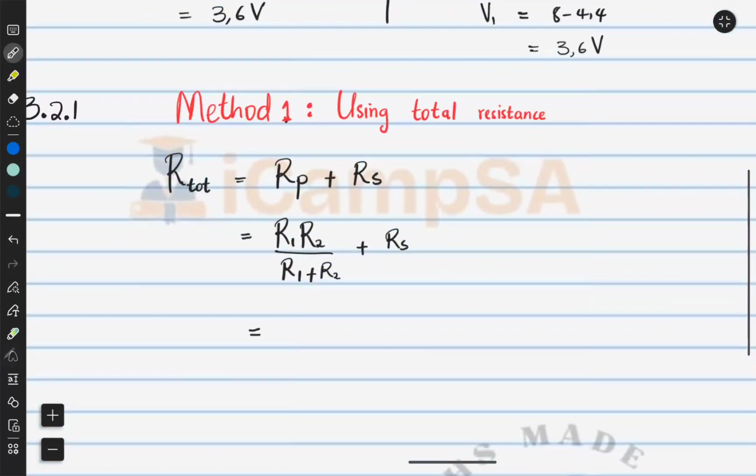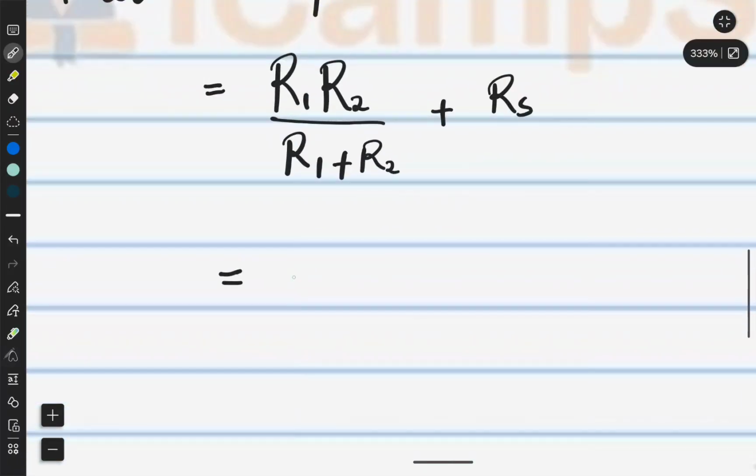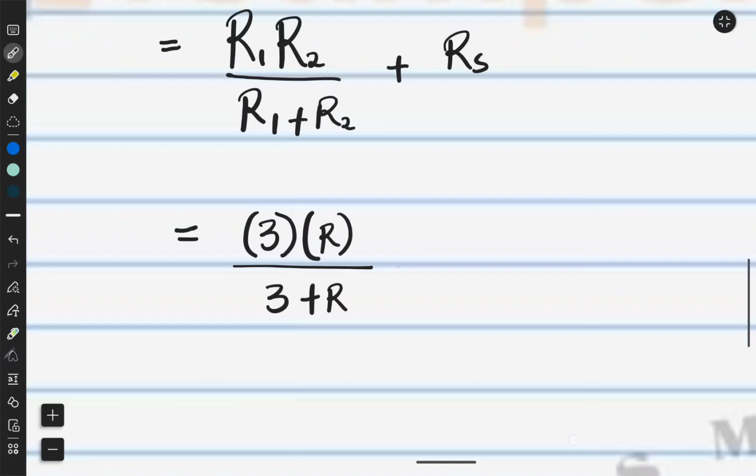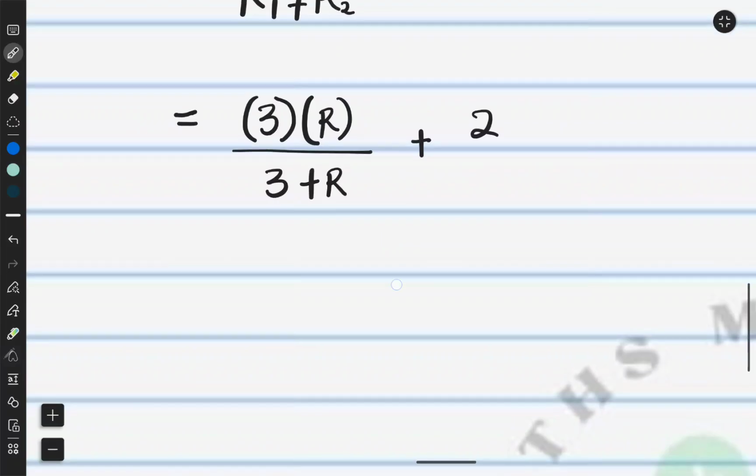Okay, so that means I'll say my R1 is that 3 ohm times R. That's my R2. Then this is 3 again plus R. Okay, then plus, now here I will add my 2 ohms, which is the one connected in series with this parallel combination, right?